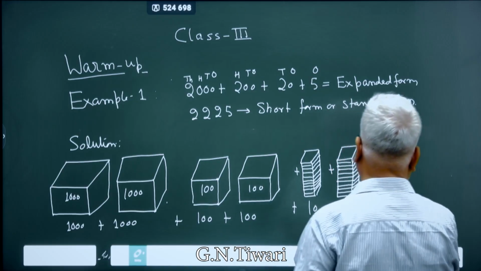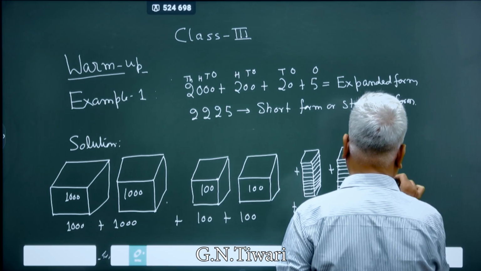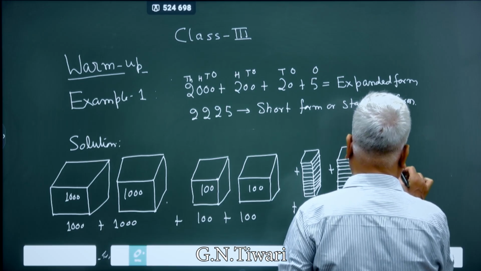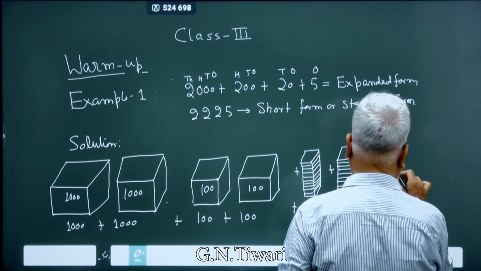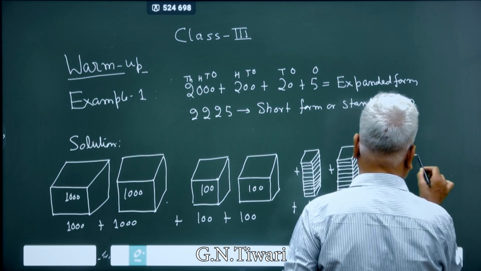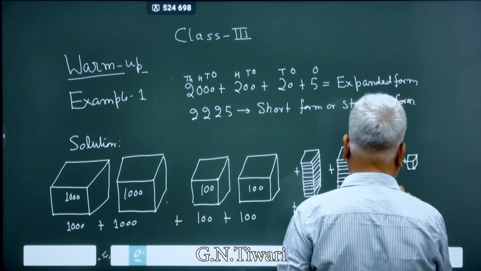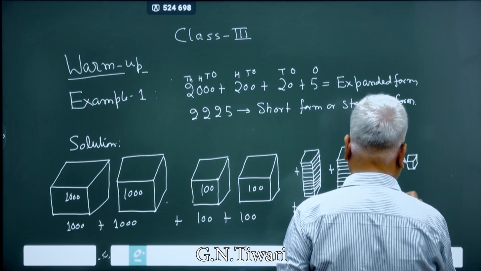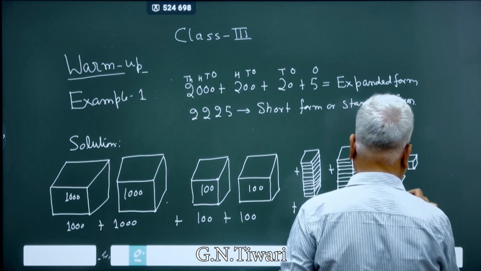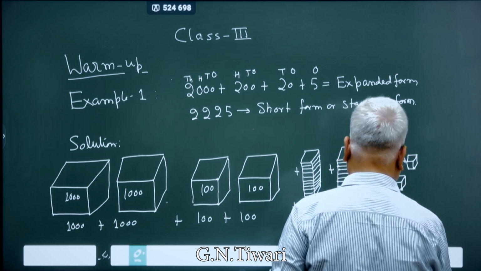Of 5, it is very simple. Make the smallest cube, 1, again another one, again 1, and make 2 here. So this is 5.